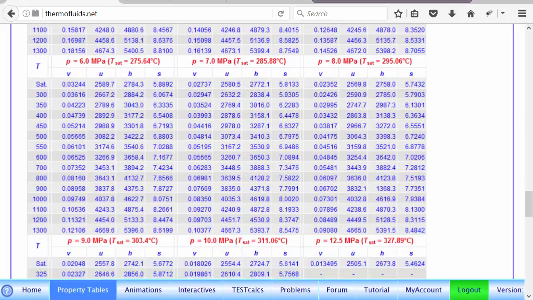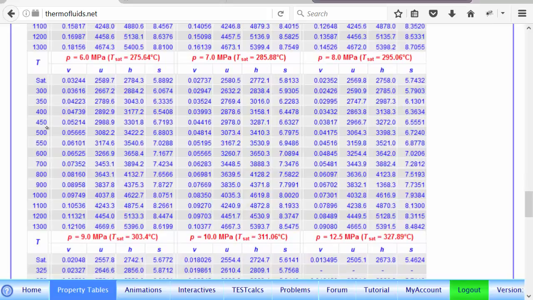There is a 6 MPa line and 500 degrees Celsius, so you can see that this is the property line. We don't need an interpolation here. At 500 degrees Celsius, we can pick up enthalpy to be 3422 and entropy to be about 6.88.